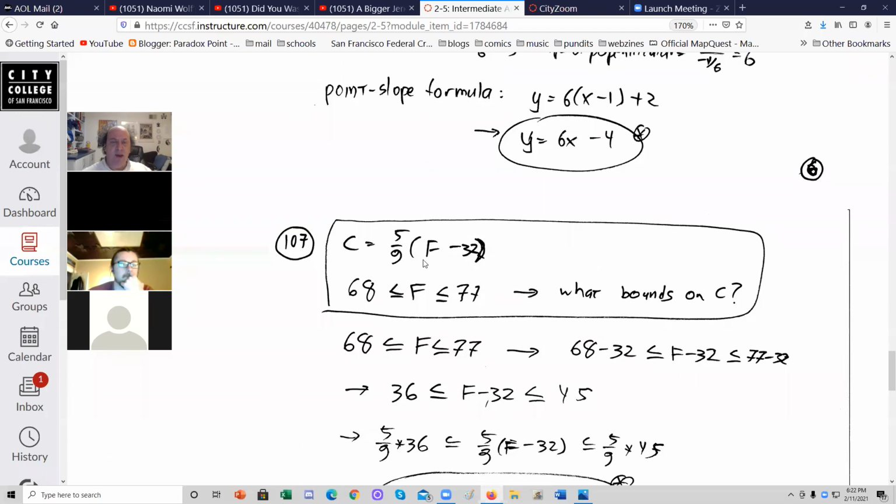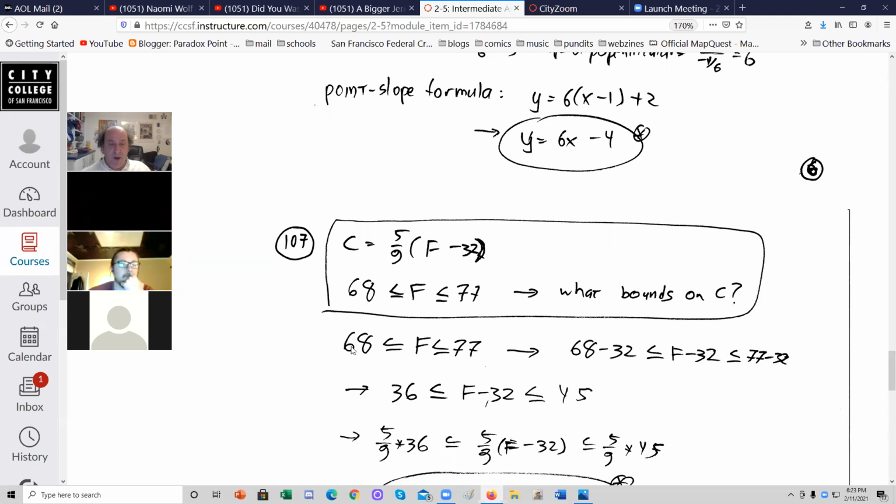And here we have the Fahrenheit to Celsius conversion formula. Given a Fahrenheit degree F, to find the Celsius degrees, you subtract 32 and multiply by 5/9. So if the Fahrenheit degree is between 68 and 77, what are the Celsius degrees?